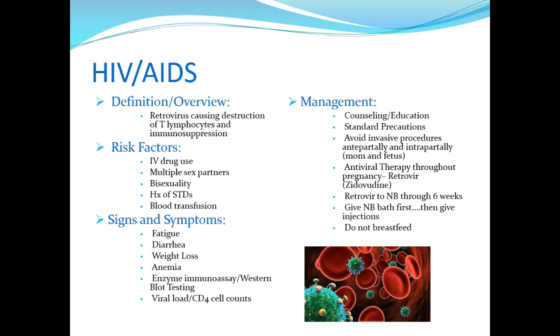Signs and symptoms of HIV are fatigue, diarrhea, weight loss, anemia, a positive Western blot test, high viral loads, and CD4 cell counts. And we manage people who have HIV through counseling and education to help prevent it. We use standard precautions for those who do have it.